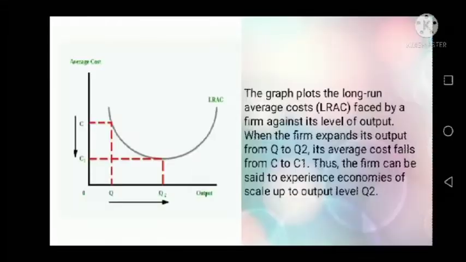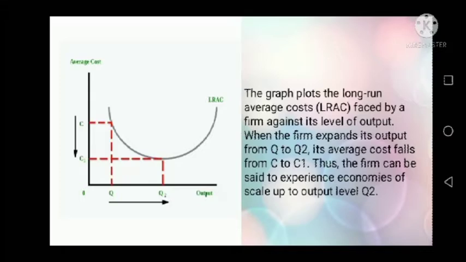So, let us see the chart that displays what economies of scale looks like. The gray line is the long-run average cost of production. We have average cost on the vertical axis and output on the horizontal axis. Have you seen this graph? The long-run average cost faced by a firm against its level of output.